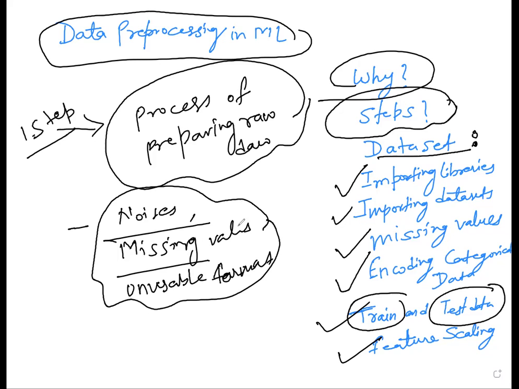So why is it important? It increases the accuracy and efficiency of a machine learning model. So after treating all this, accuracy will increase, and also efficiency. Okay, accuracy and efficiency both will increase.